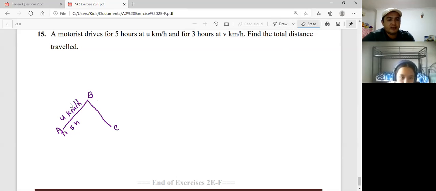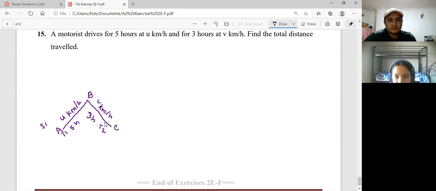Let's write S1 equals u. B to C is T2, 3 hours, at v kilometers per hour. This is S2. So we need to find the total distance, right? Let's say the total distance equals.